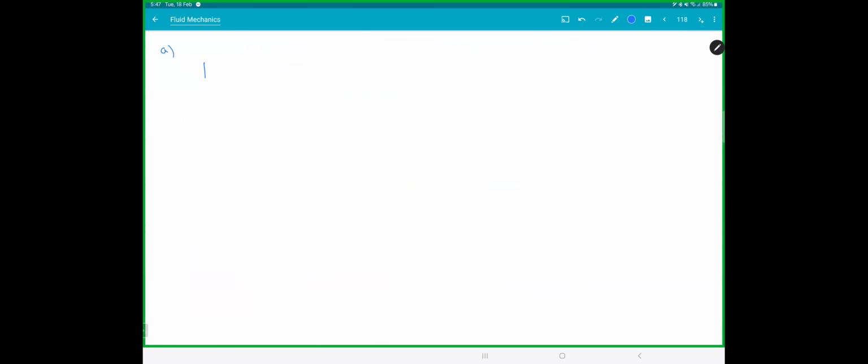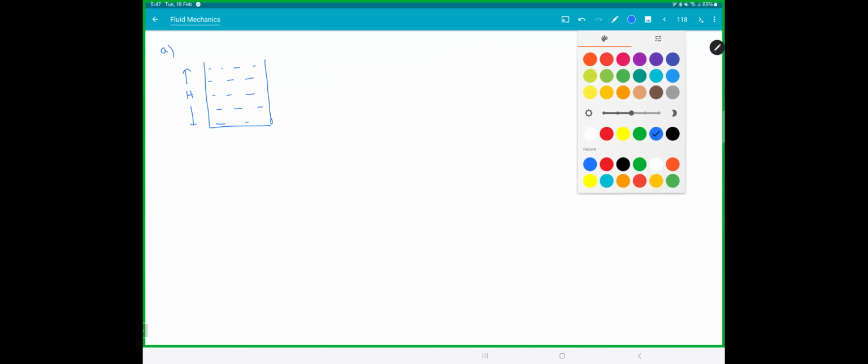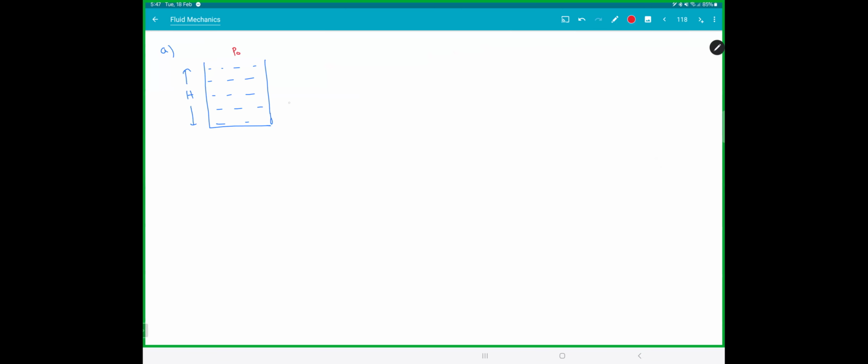The first one, what we derived normally. So we make a hole here, there is a liquid here. This is H here. This is P naught. This is a small hole. So what is the pressure here? P naught plus rho gH.